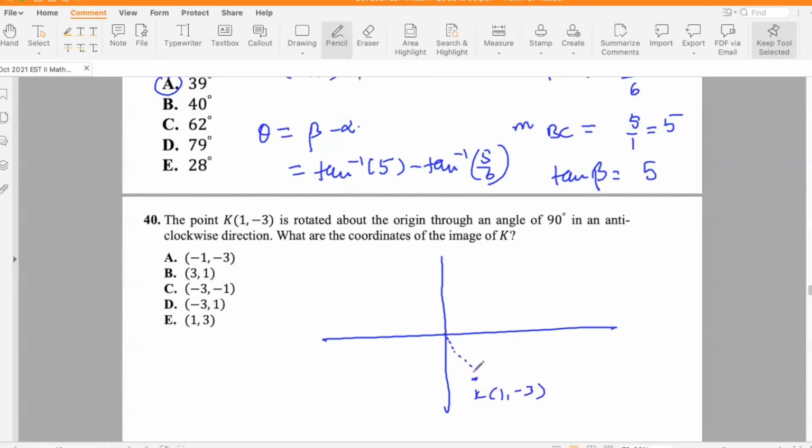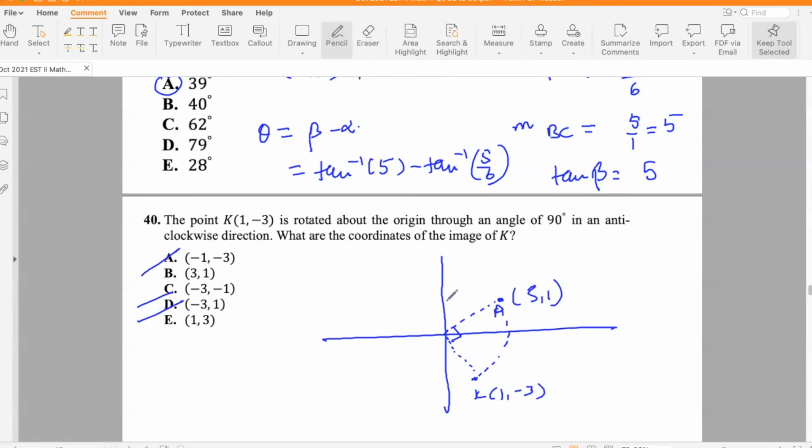This is rotated about the origin 90 degrees anti-clockwise to come here, right? So first let's work with the options. So obviously it has to be the first quadrant, so can't be A, can't be C, and can't be D, right?